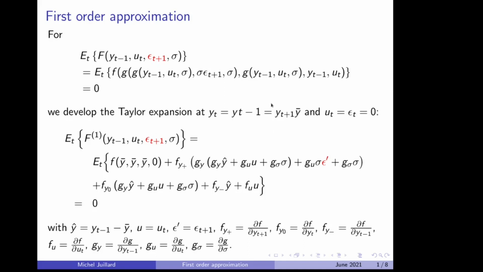For y0, with respect to yt, it's simpler. It's simply fy0 times gy y hat plus gu u plus g sigma sigma, and then we have terms without the solution function, so directly f y bar y hat plus fu u.